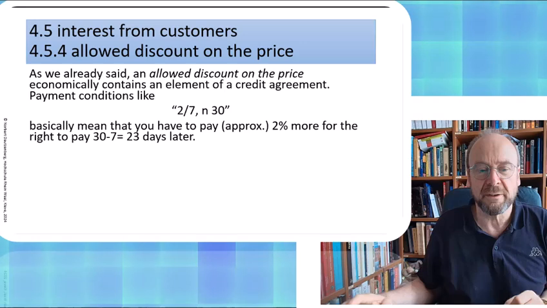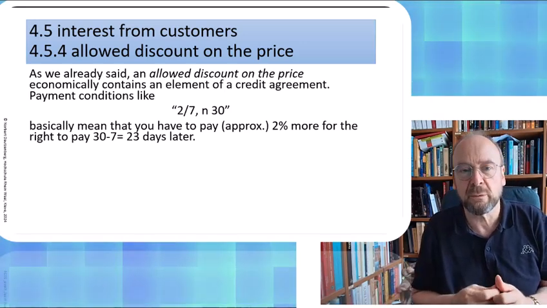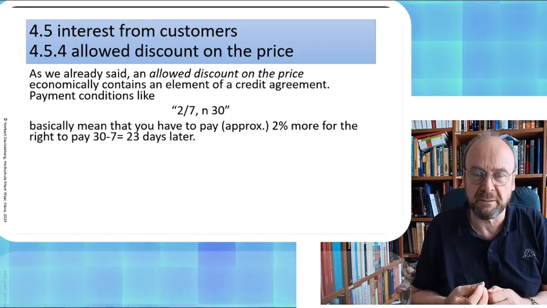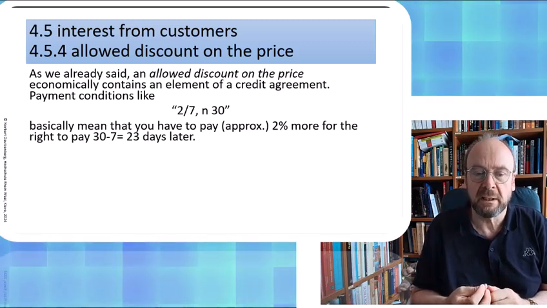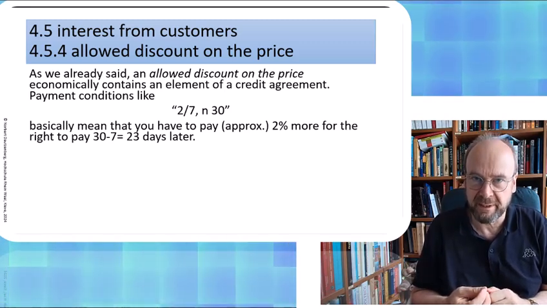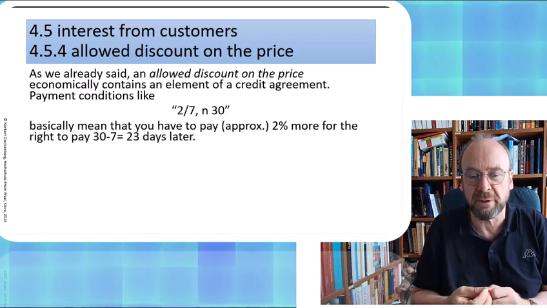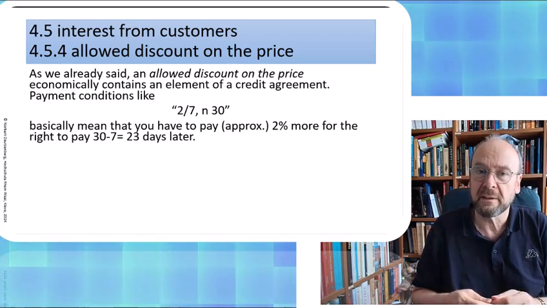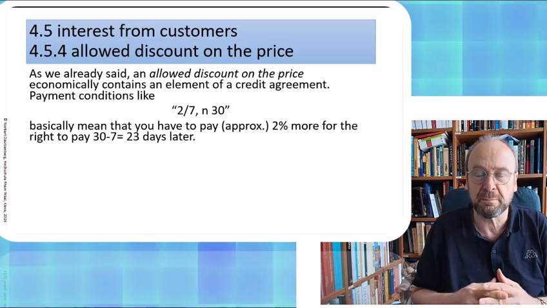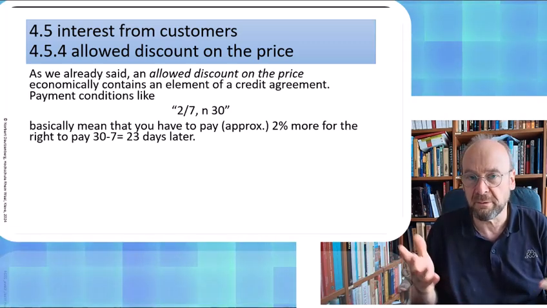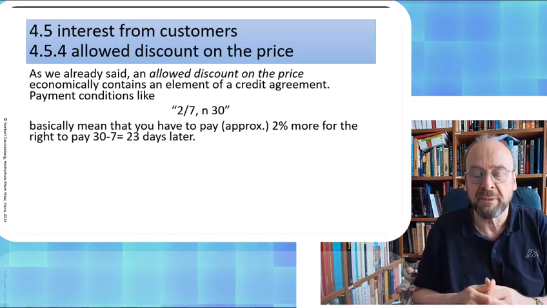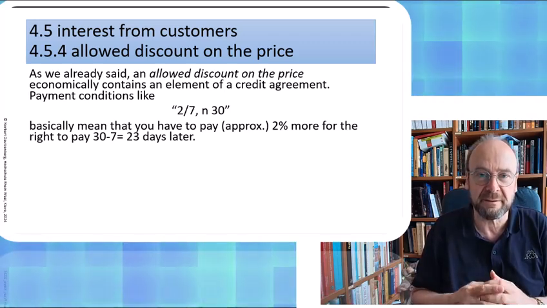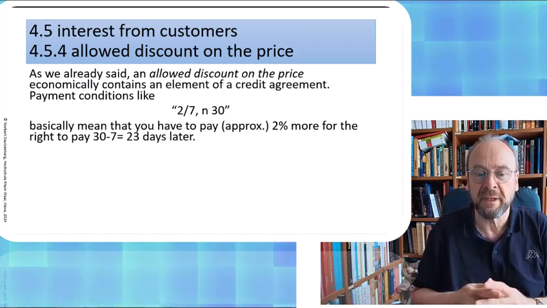Okay, so when you grant your customer payment conditions where you say you can pay quickly, then you can discount 2% on the price, let's say within the first 7 days, like here on the slide, or you have the right, or the duty, however you want to understand it, to pay without any deduction within the next 30 days after reception of the invoice.